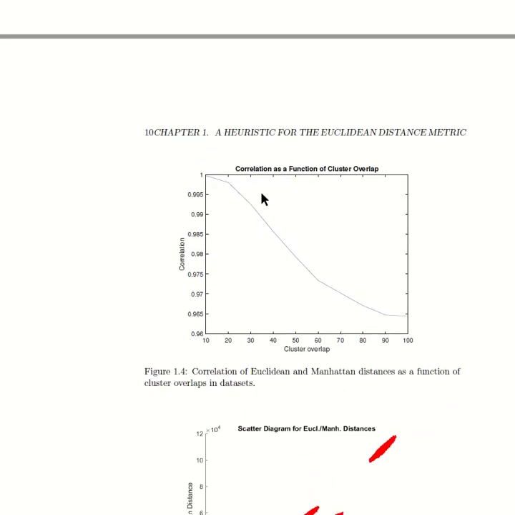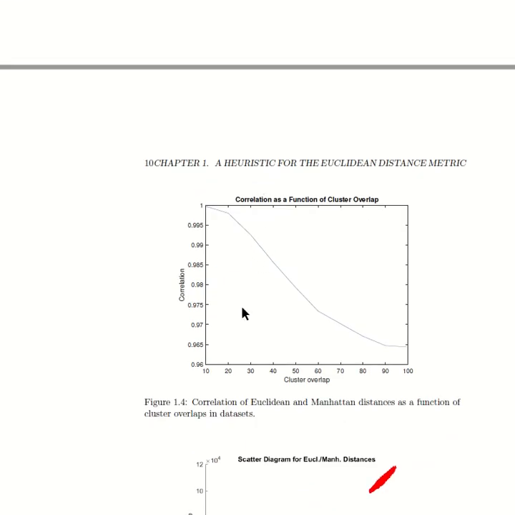We see the next graph, where we take the cluster overlap. This is just a number here. This 100 is very much overlapping clusters, and 10 is not much overlapping.